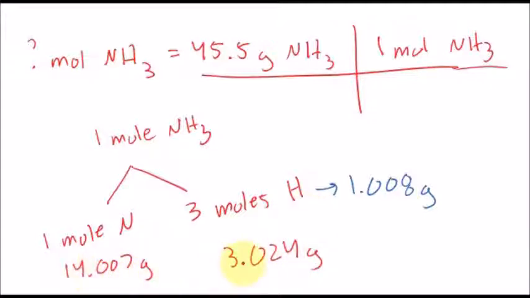If you add this to this, we would get 17.031 grams. So now we know, from what we've deduced, that 1 mole of NH3 has a mass of 17.031 grams. So we can just put that in here.